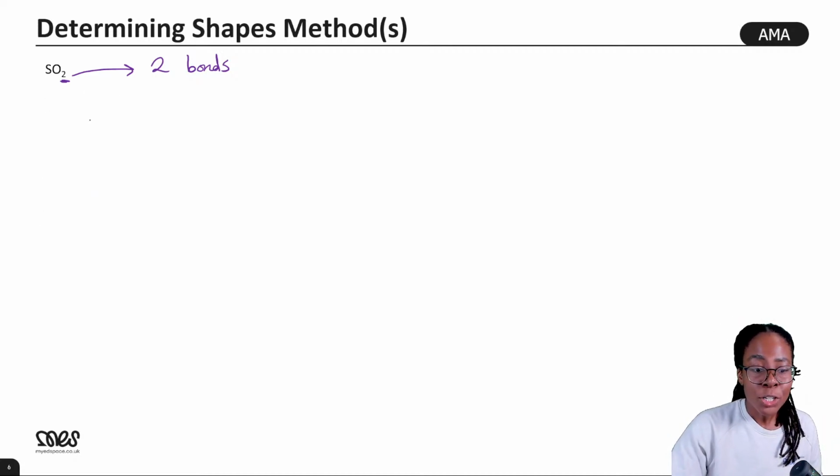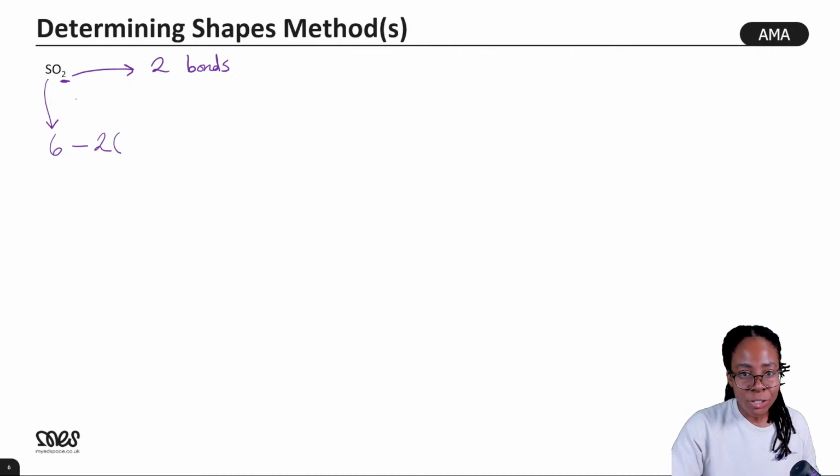So we have got 2 bonds because of the 2 oxygens. Now to figure out how many lone pairs, we'll take our sulfur. Sulfur is in group 6, so 6 valence electrons. Then we subtract the number of bonds, which is 2, multiplied by the number of electrons that each oxygen needed.